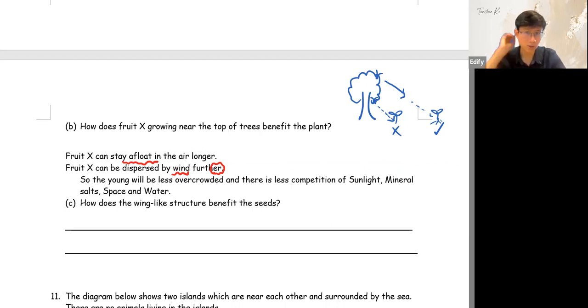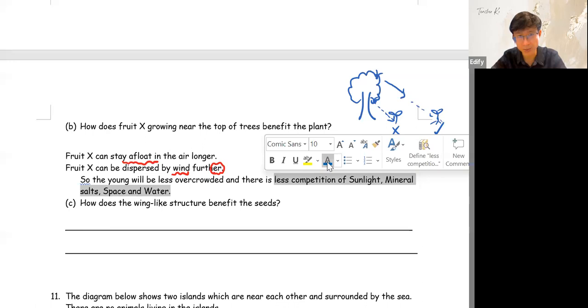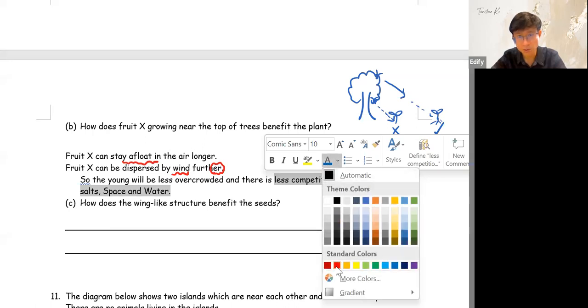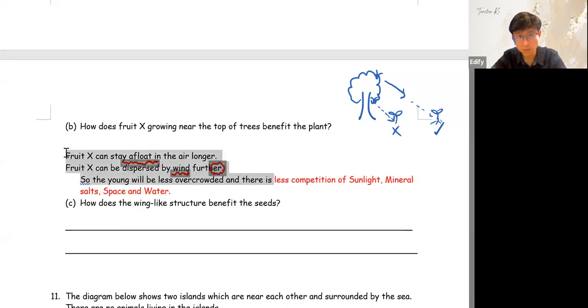So less competition for the sunlight, mineral salts, space, and water.